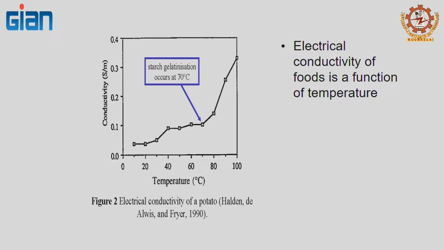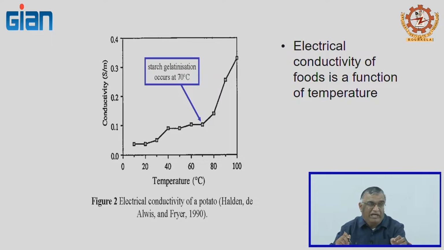So, this slide is just to illustrate what happens when you are heating potato with Ohmic heating, or like in this case starch with Ohmic heating. So, you start at 25 degrees Celsius or 20 Celsius, you have a certain low value here, and then as you warm, you can see that the conductivity increases from say 0.05 to say 0.1, then it is relatively stable from 40 to 70 Celsius.